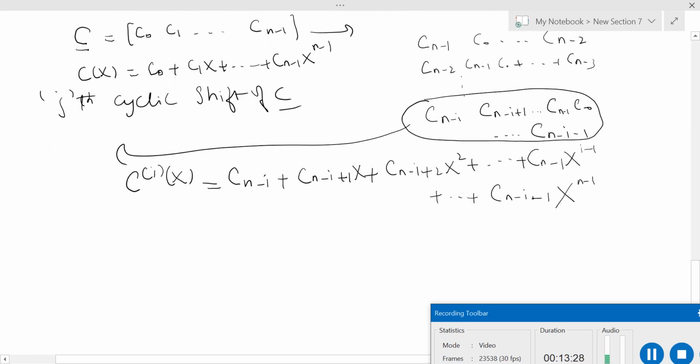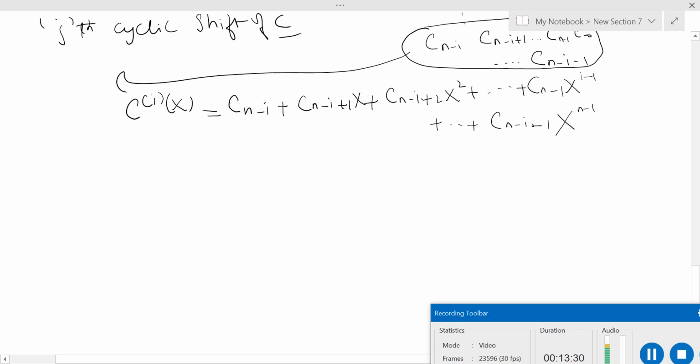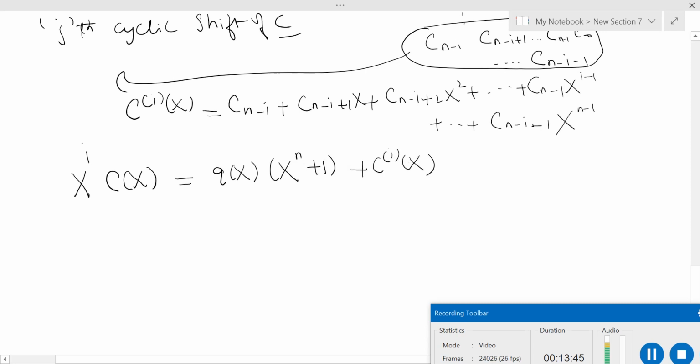Okay. So it means that when you multiply a code polynomial with x to the power i, you can write it as q of x times x to the power n plus 1 plus ci of x. It has a very nice interpretation in the theory of polynomials. What is that interpretation?